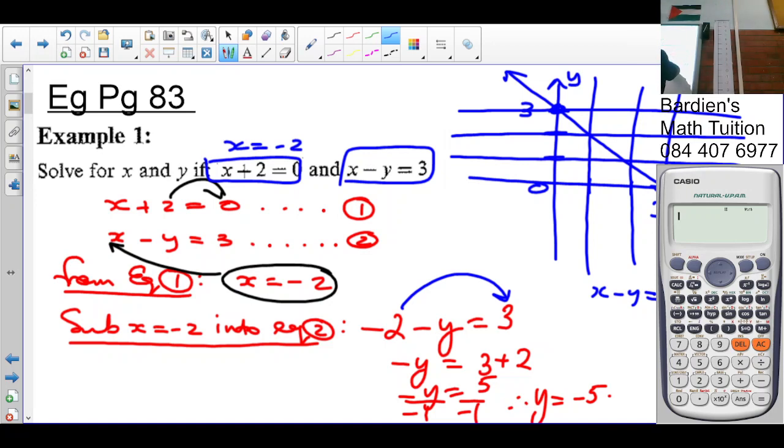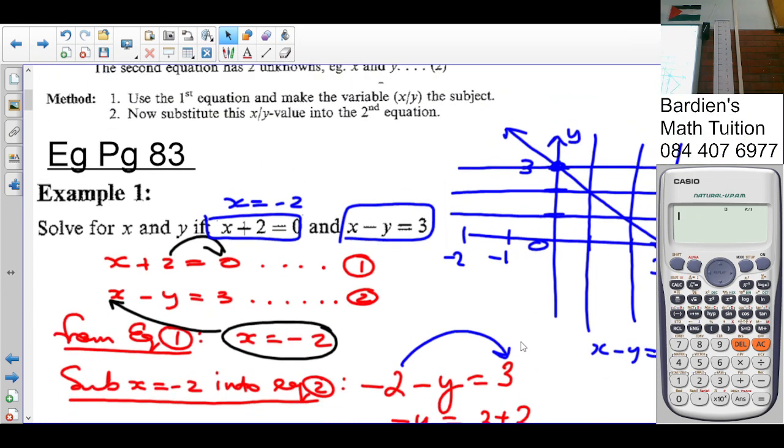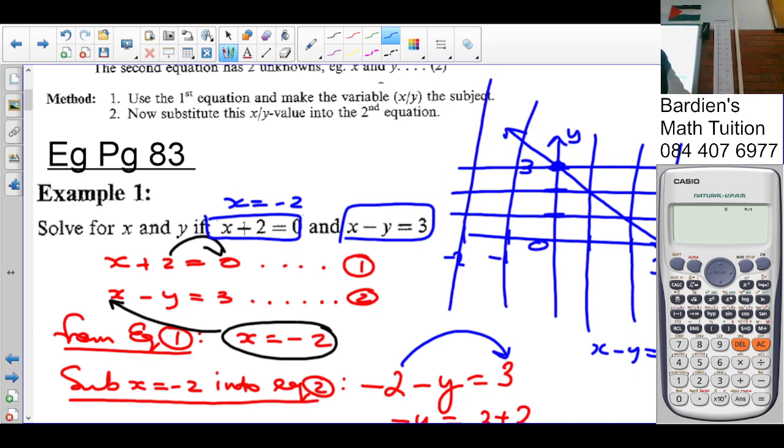Okay, this minus 1, minus 2. I'll extend that there.